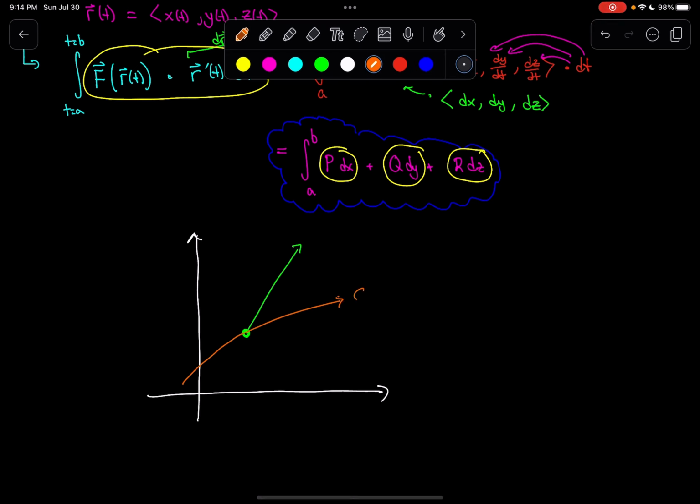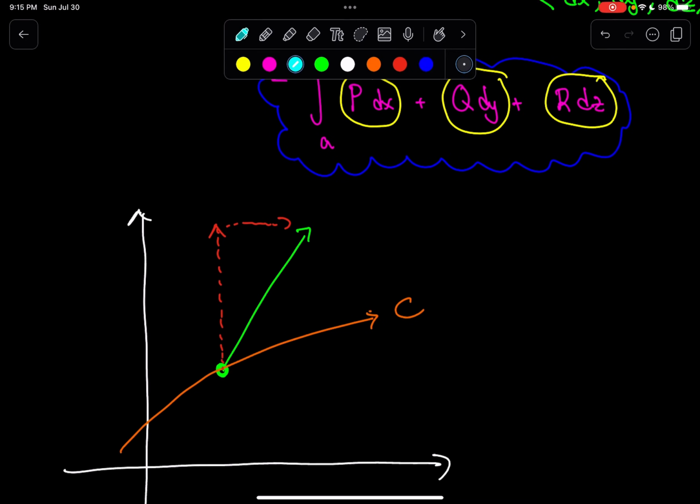So this is our path C. What this is basically saying is that at this point, I can break down my vector field into a y component and an x component. Likewise, with my curve C, I can break it down, technically on an infinitely small level, into some x components and some y components.